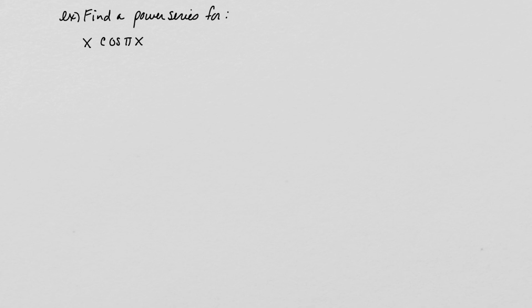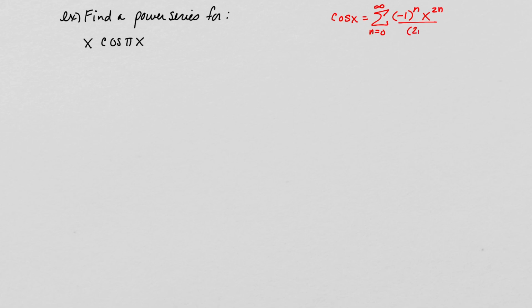Okay, so the thing we want to remember is that the series for the cosine of x is the summation n equals 0 to infinity of negative 1 to the n x to the 2n over 2n factorial, right? So rather than an x here, I have pi x.